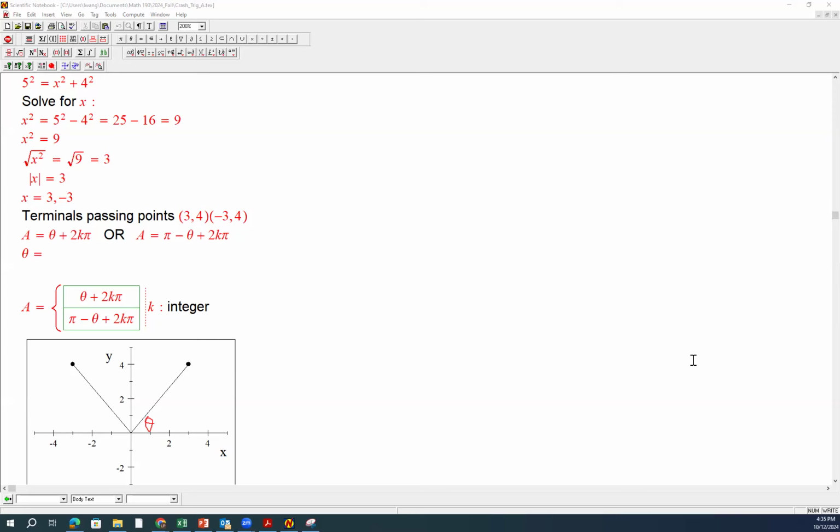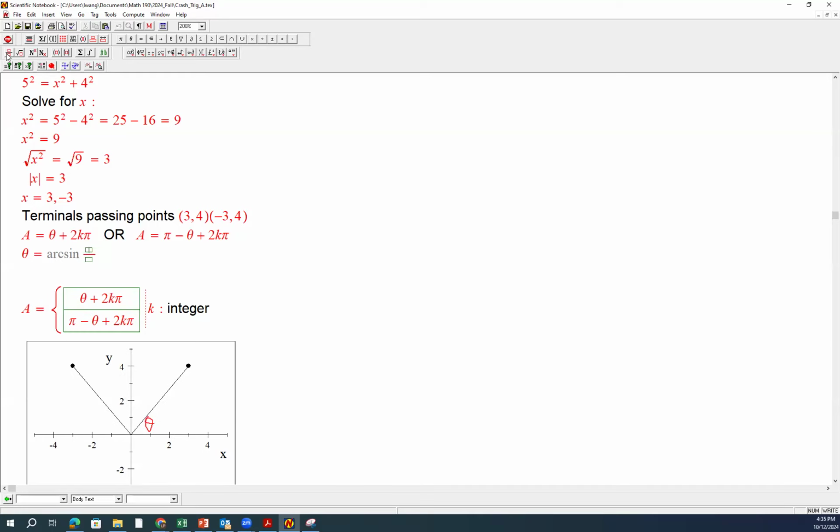For those of you who have not studied trigonometry, you just need to know there is a special function called arcsine. It takes the ratio of 4/5 and will produce that angle we need, and this is the theta we wanted.